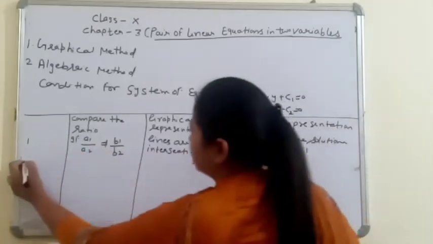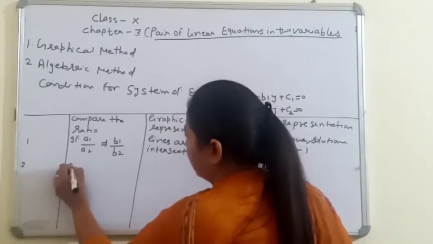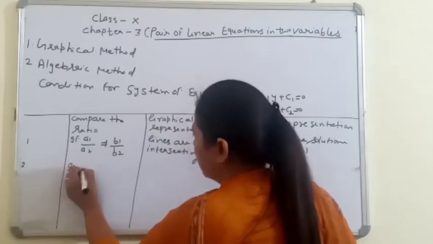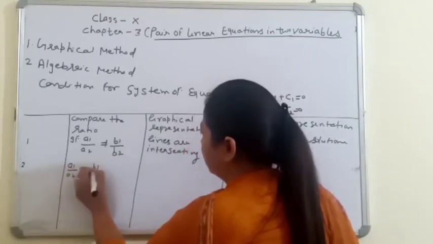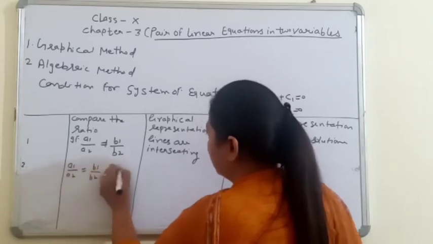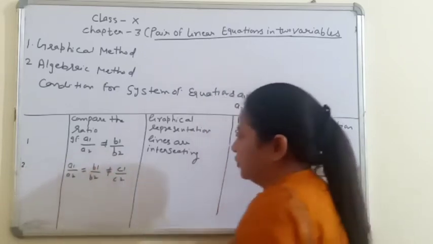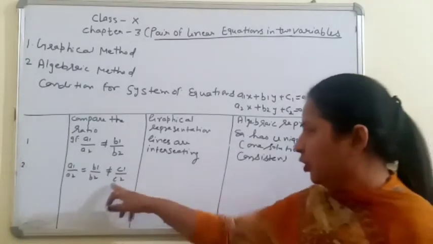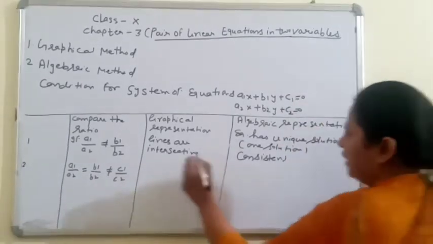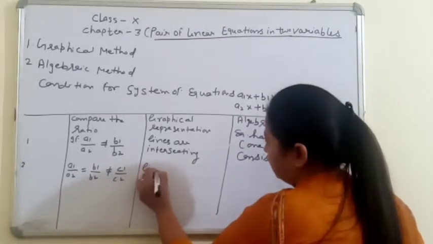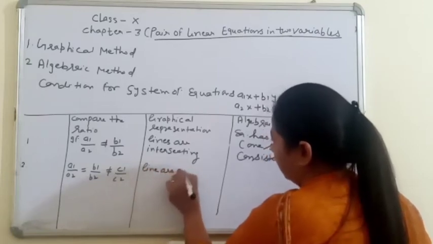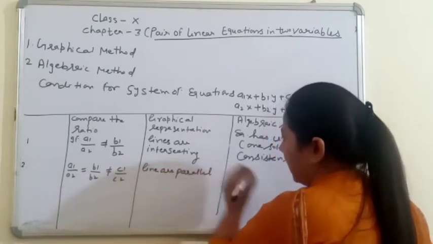Now the second condition: if a1 upon a2 equal to b1 upon b2 and not equal to c1 upon c2, the ratio of constants is not equal, then graphically the lines are parallel.